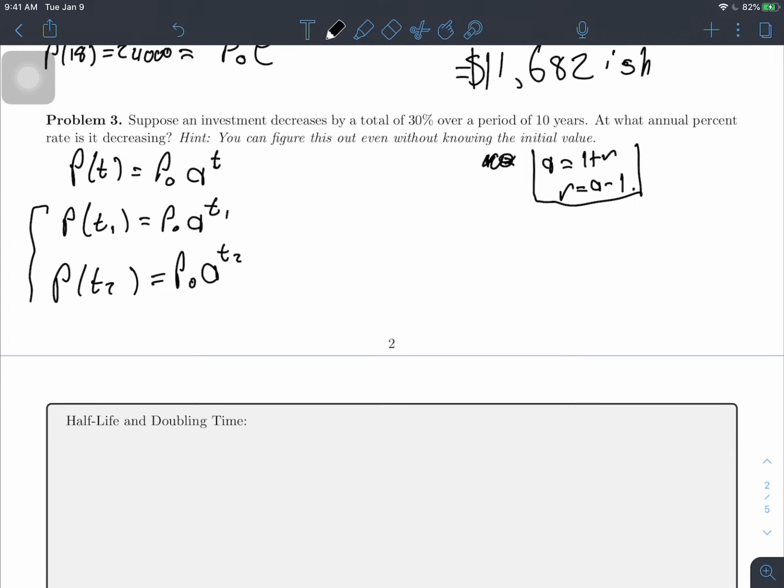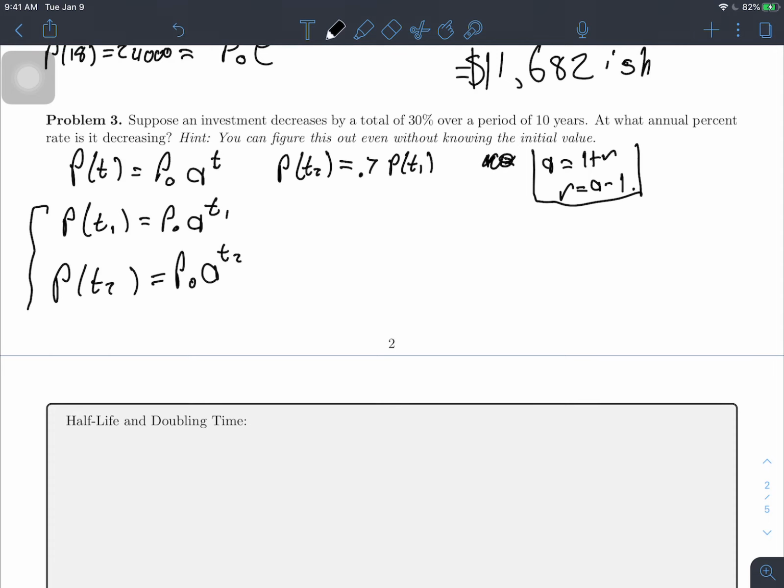So we have these two equations in combination with the fact that P of T2 equals 0.7 times P of T1. Since we decreased by 30%, the amount that we have left over after 10 years is going to be 70% of what we started with.